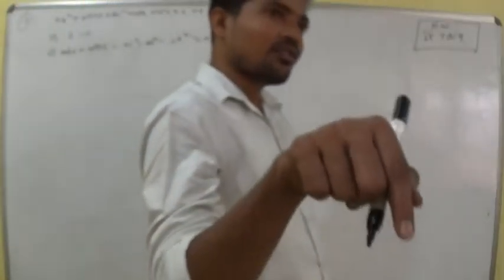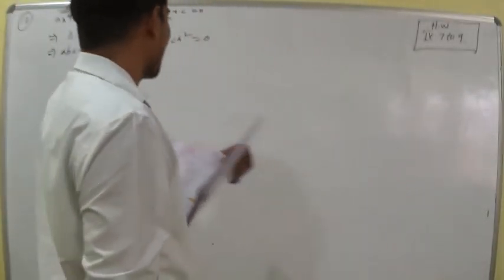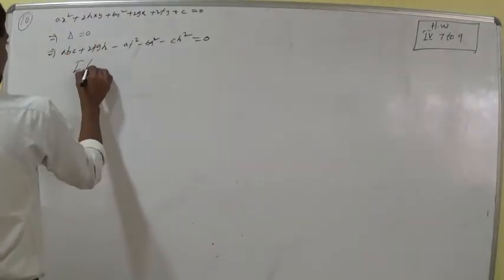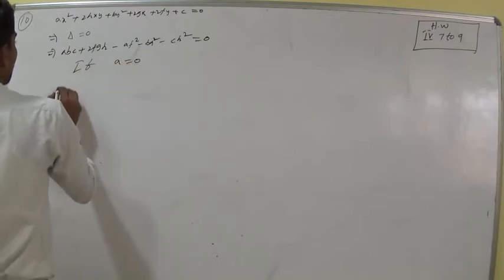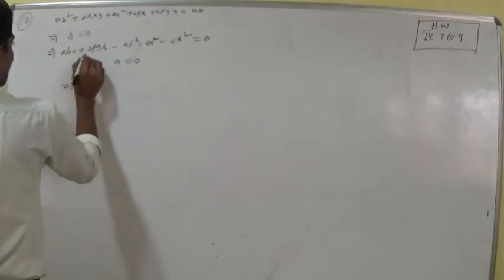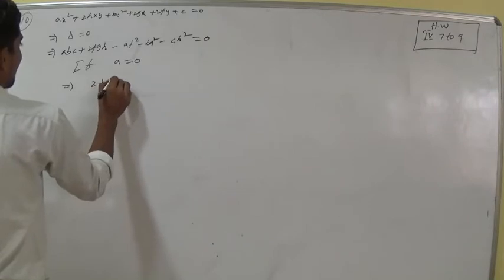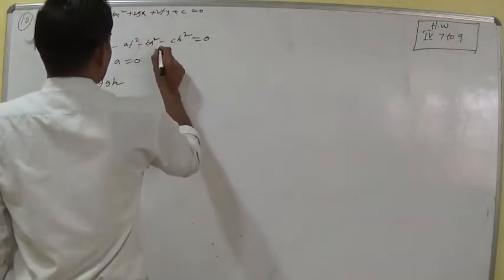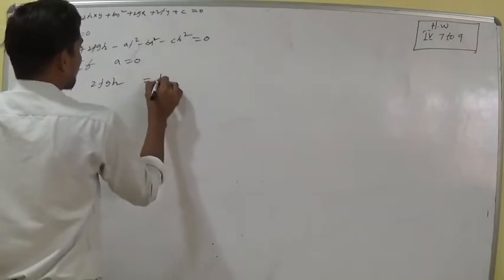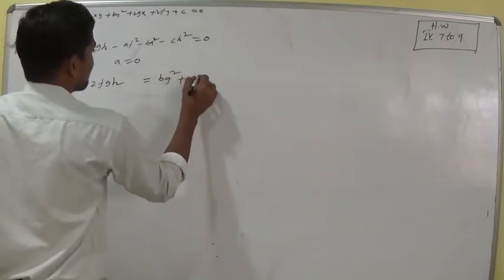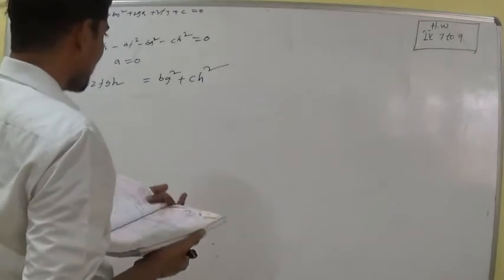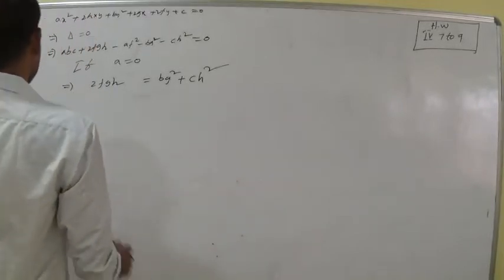In that, first thing, a equal to 0, what happens? If a is equal to 0, which becomes 2fgh equal to 0, so 2fgh is equal to bg square plus ch square. Right?